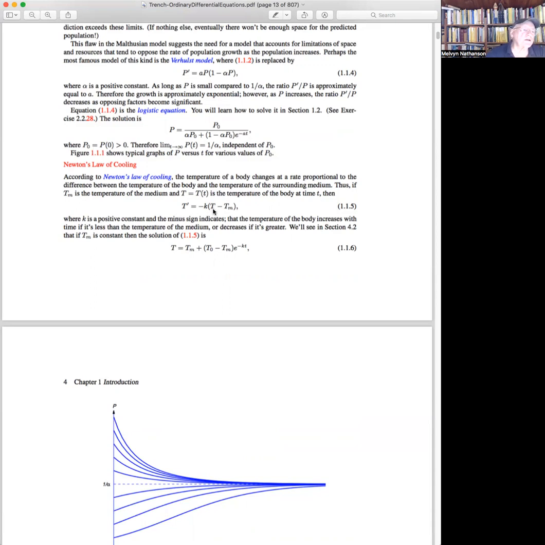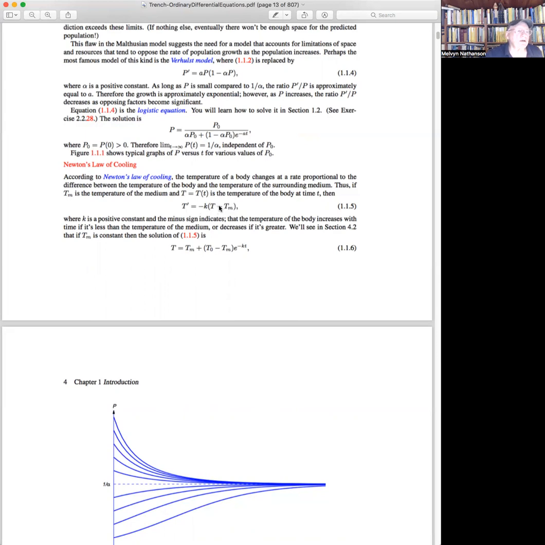So if T is, for example, the temperature of the body of the water, and T sub M, this is the medium that you're sitting in, like the room temperature, you look at the difference between what you're measuring and the medium temperature, the temperature in the room, and the rate of change is proportional to that.